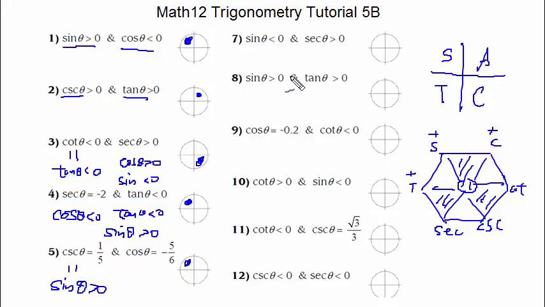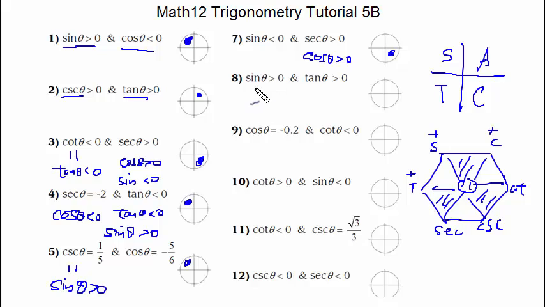Next one, sine less than 0, secant bigger than 0. Secant bigger than 0 means cosine theta bigger than 0. So sine less than 0, cosine bigger than 0 will be the fourth quadrant here. Okay, you follow me?